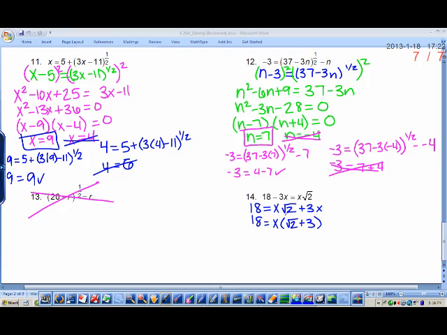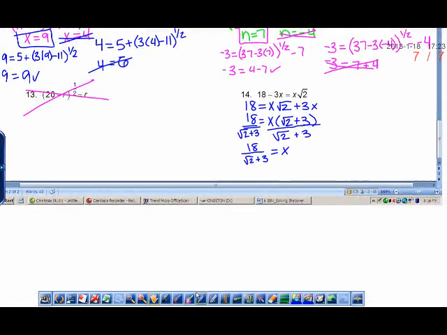So what I did there was pull out the GCF of x. Okay, now I'm going to divide both sides by root 2 plus 3 to isolate my x. So I get that 18 over (the square root of 2 plus 3) is equal to x.